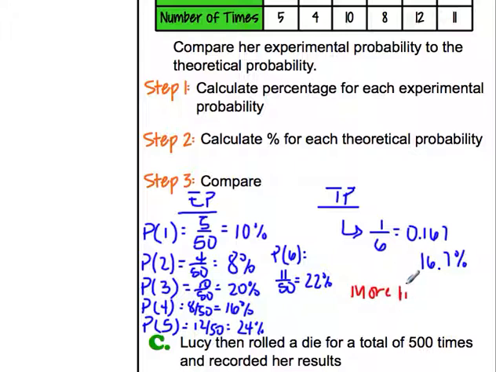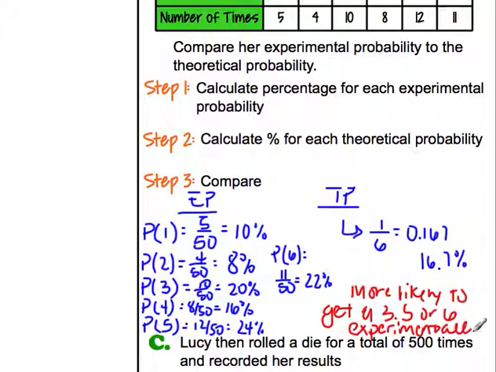More likely to get a 3, 5, or 6 experimentally. We say experimentally because that's compared to what they say.